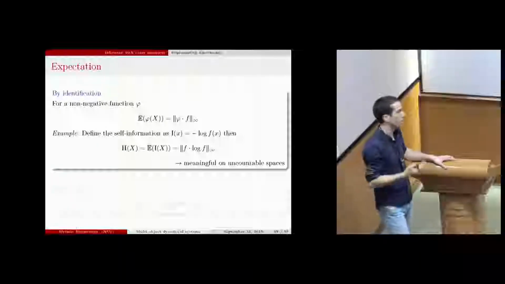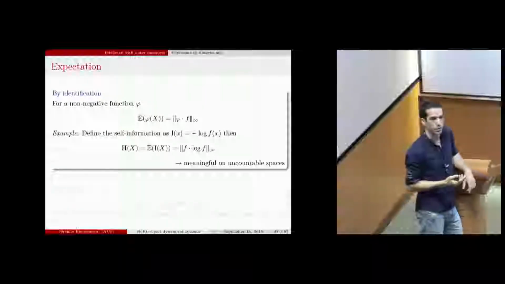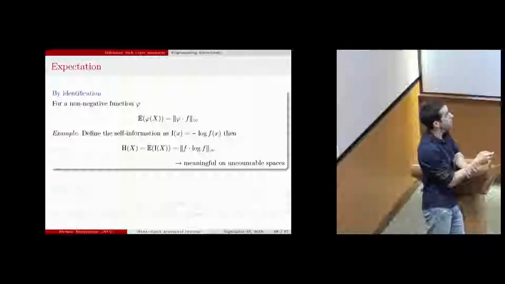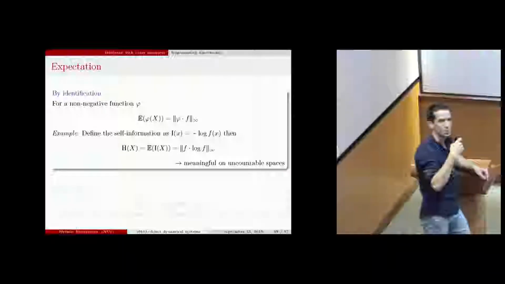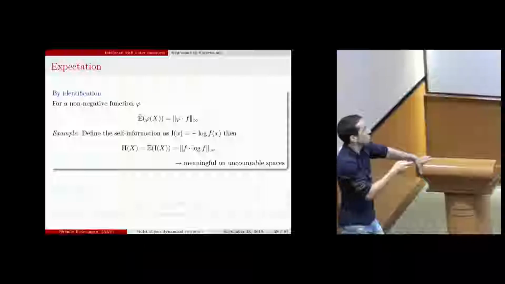I said the value x is completely possible. So this makes complete sense, and this is sort of a maximal surprise also. How much do you expect to be surprised, in a sense? So you can still make sense out of it.